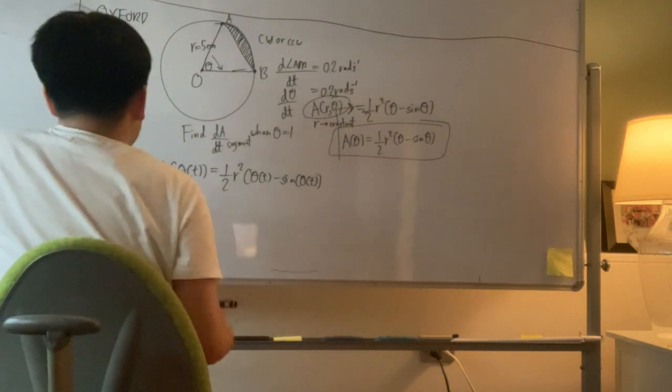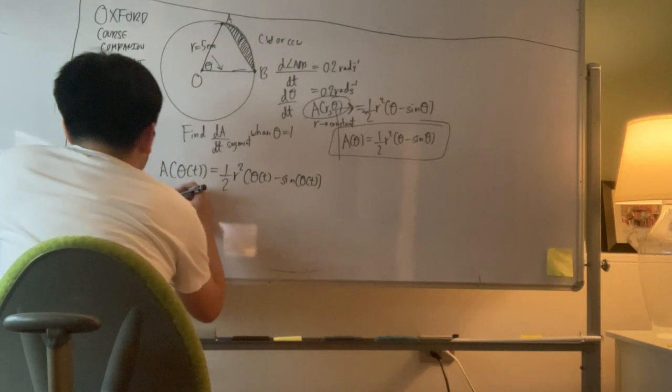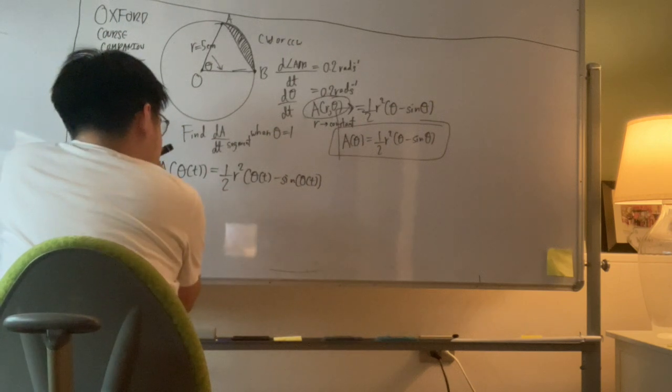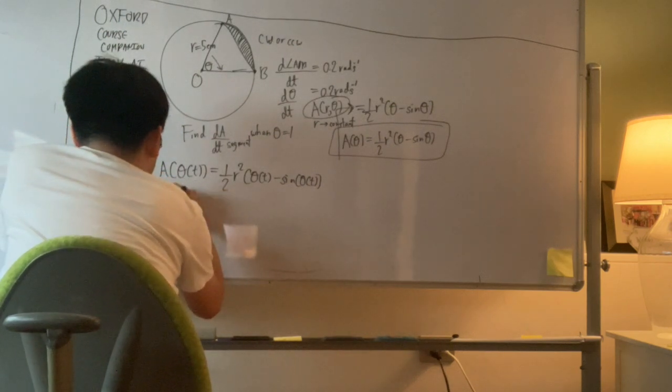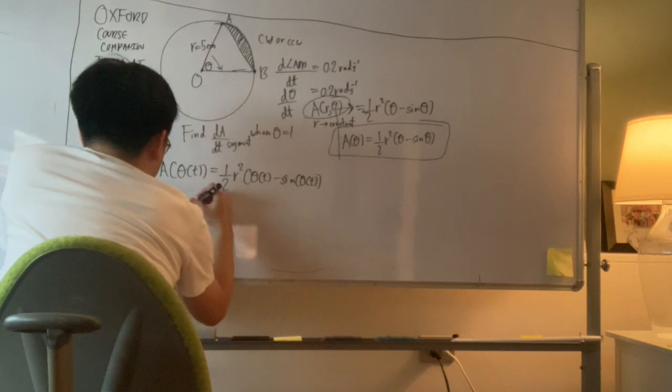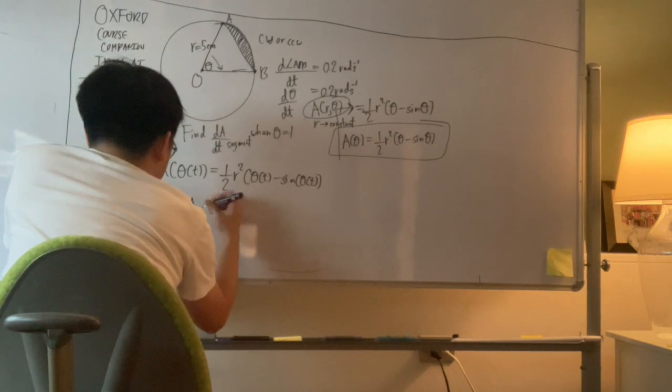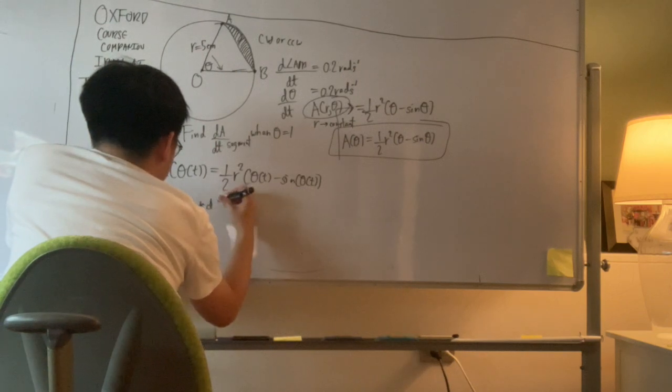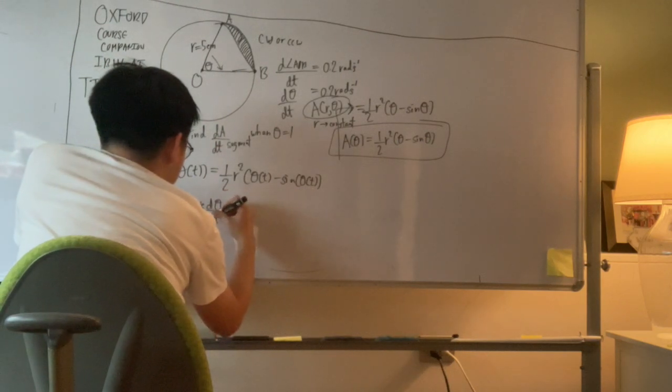And now we do the usual stuff. dA/dt in Leibniz notation is going to be dA/d theta, you do that composition first, times d theta/dt.